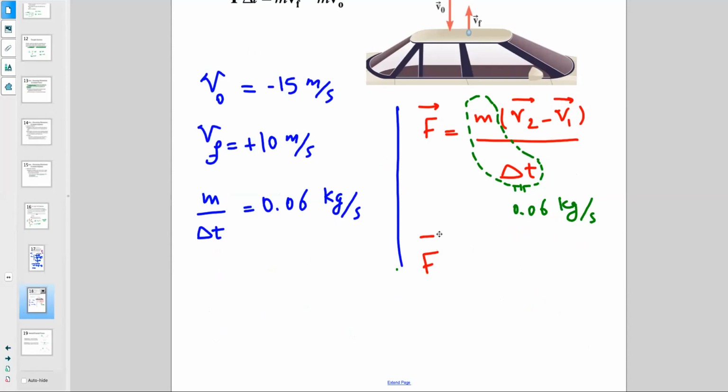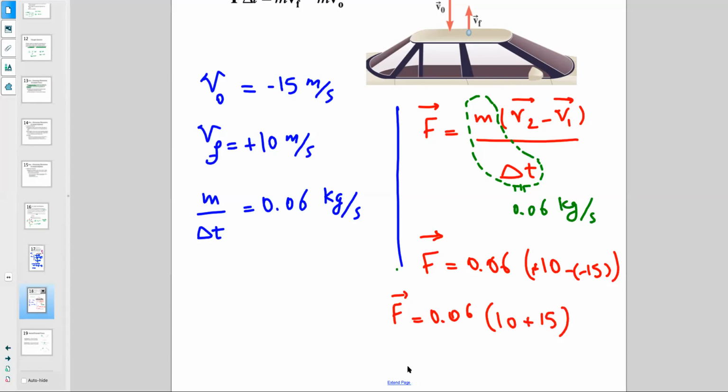So I have F being 0.06 times v2, which in our case is just a dummy number. It doesn't have to be accurate. I'm just giving it a number to compare. So I have plus 10, minus negative 15. So F equals 0.06 times (10 plus 15), and 10 plus 15 is 25.